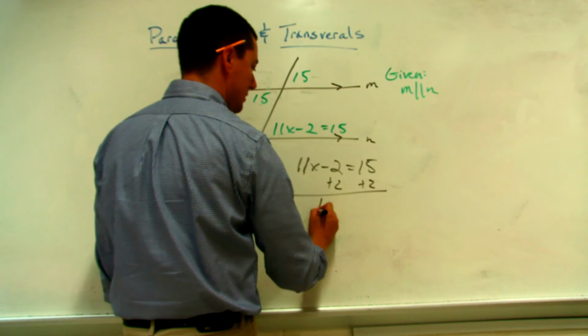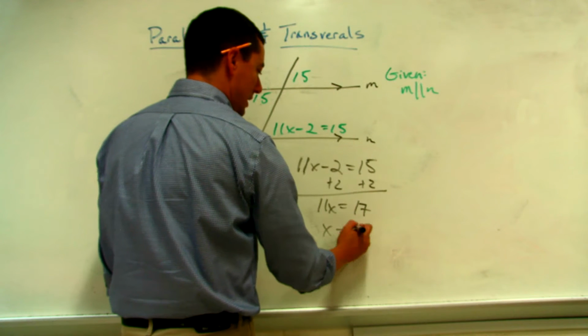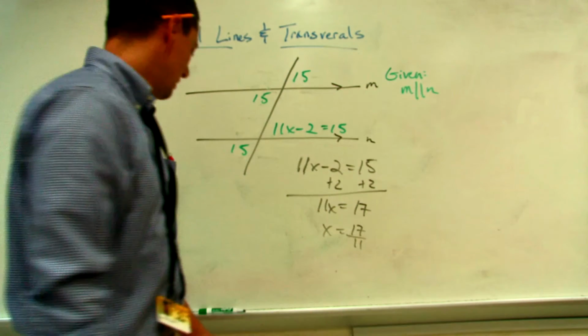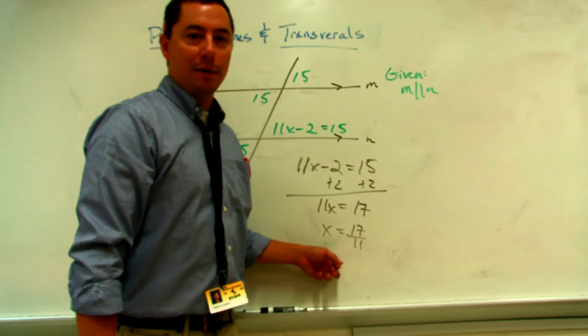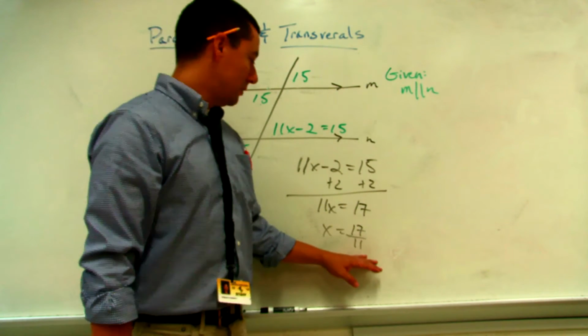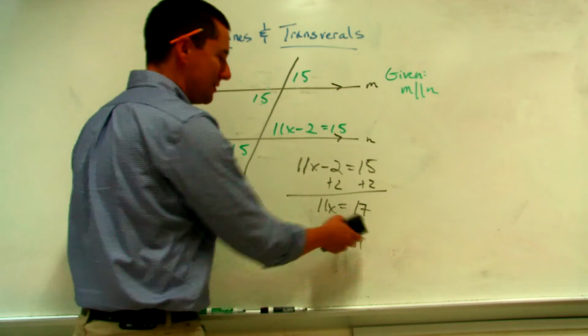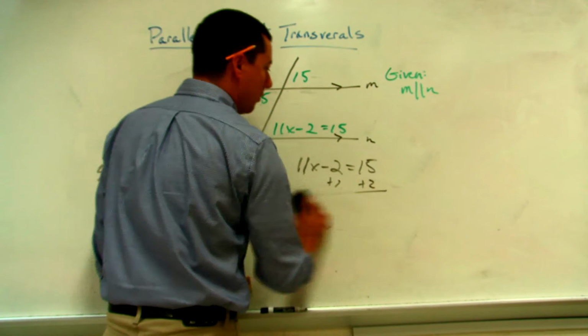Add 2 to both sides, 11x equals 17, and x is going to be 17 divided by 11, which is some weird number, but I don't really care, because I got my answer. We've got a calculator if I really want to. All right, so that's one kind of problem you'll see.